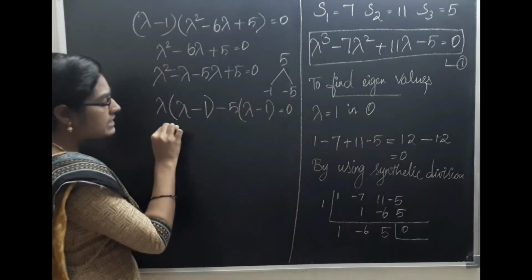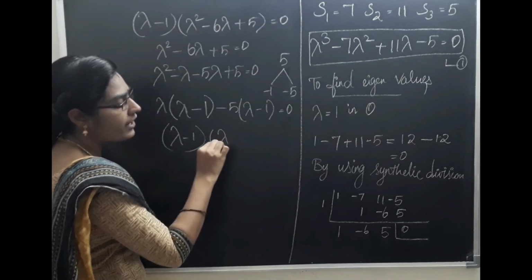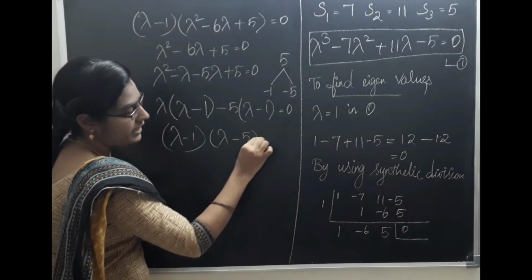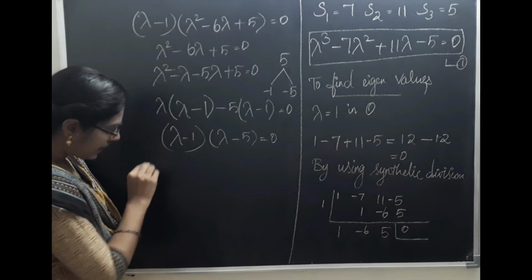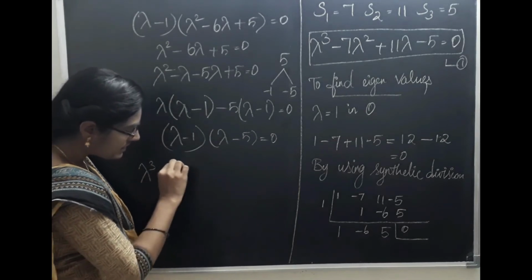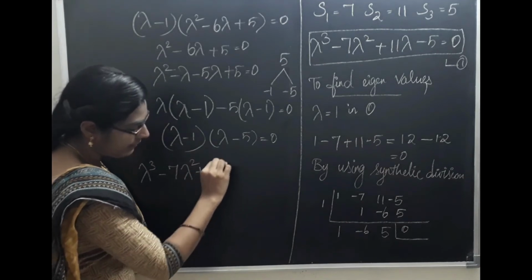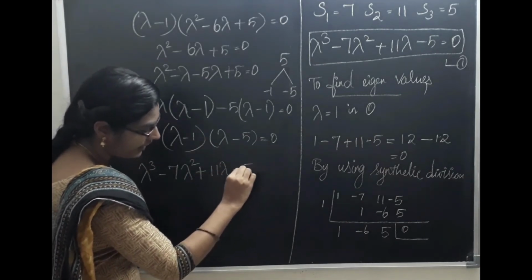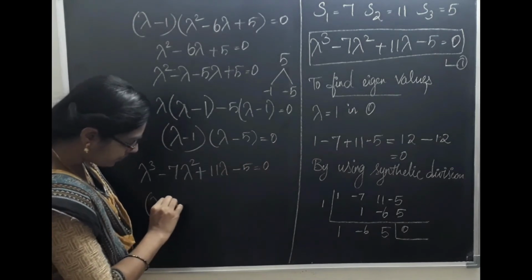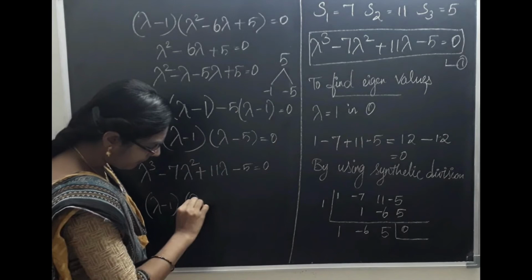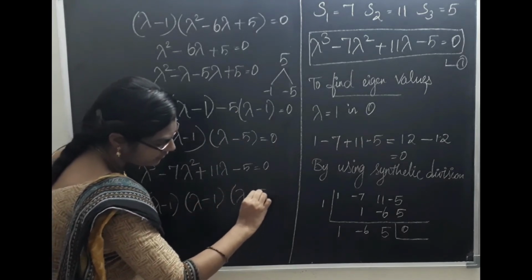Now we can write it as lambda minus 1 into lambda minus 5 equal to 0, right? So we can write lambda cube minus 7 lambda square plus 11 lambda minus 5 equal to 0 as lambda minus 1 into lambda minus 1 into lambda minus 5 equal to 0.